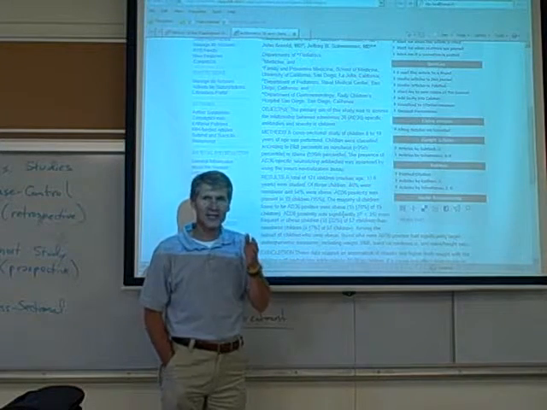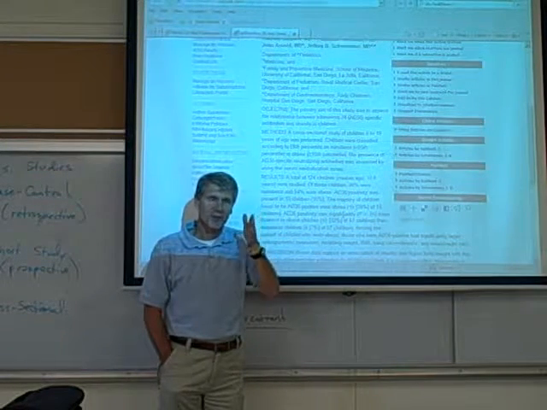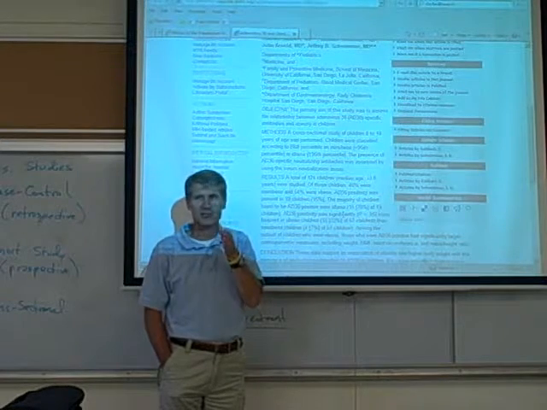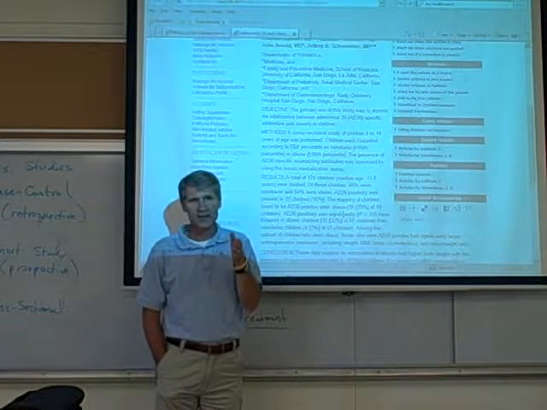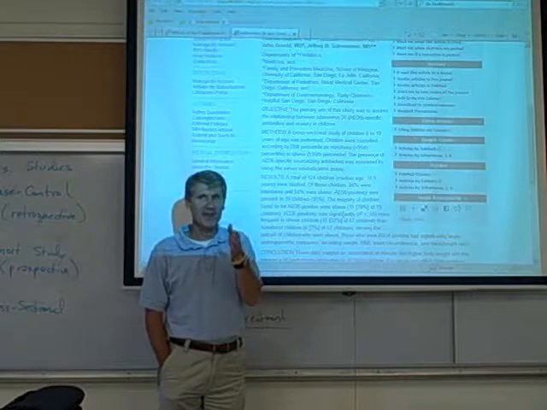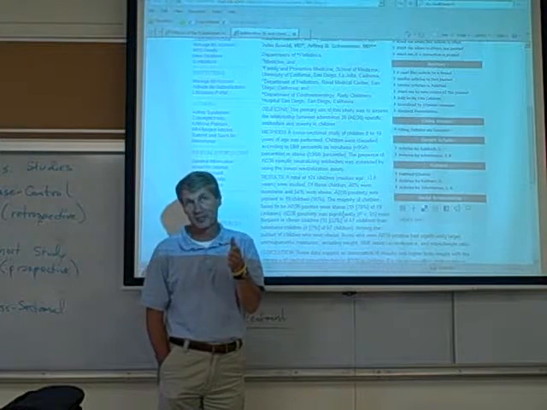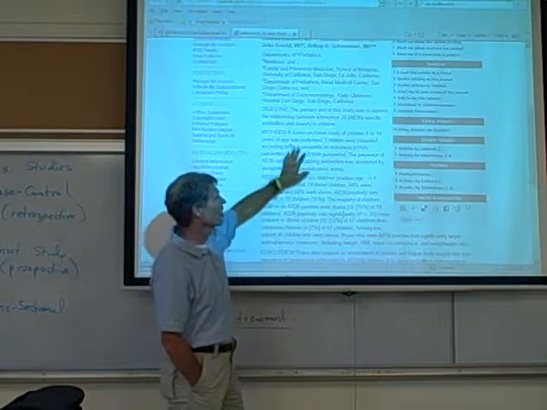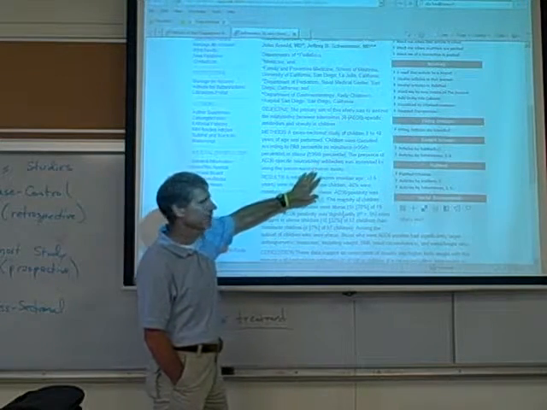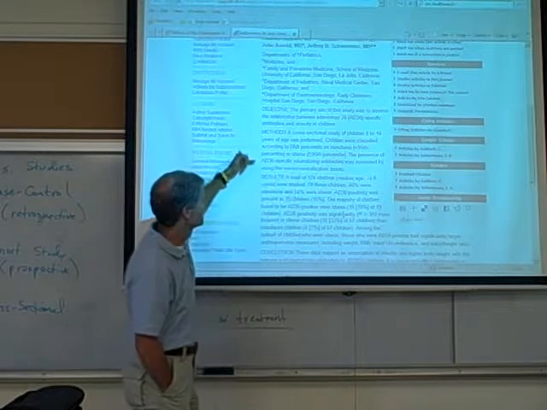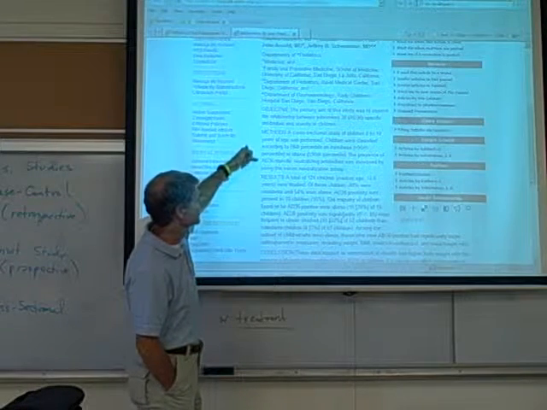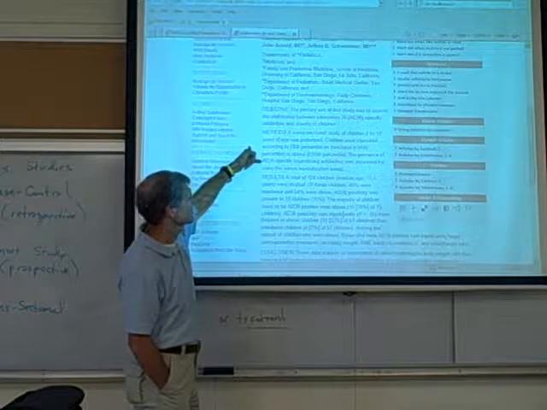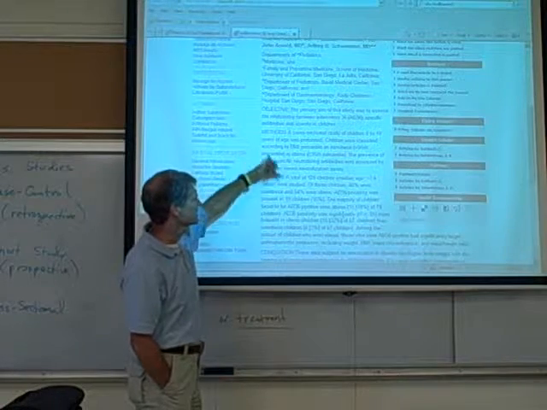So they could still have a higher BMI. BMI is body mass index, right? They could have a higher BMI than 95%, or at least 94%, and still be called non-obese.